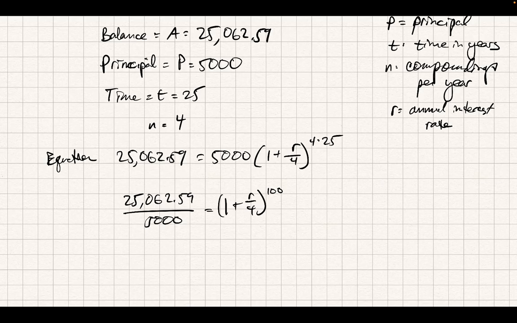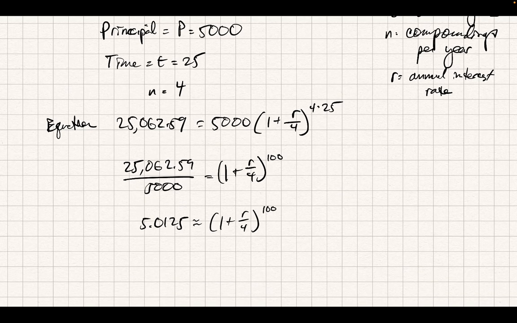This is about 5.0125. What can I do to get rid of that 100 power? I'm going to take the 100th root of 5.0125.